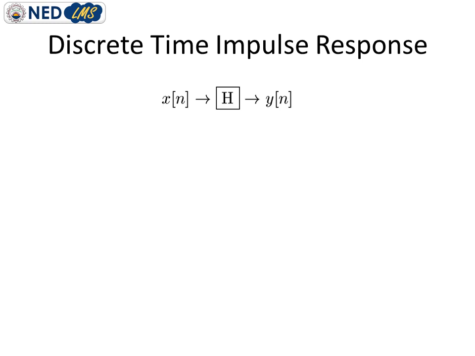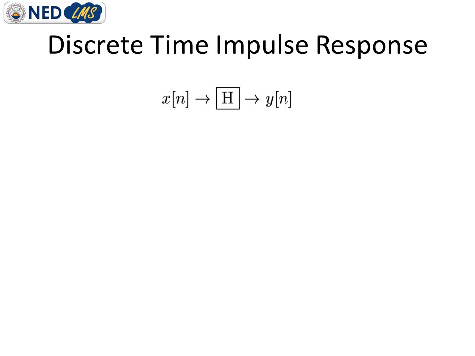When we apply this type of input to our system H, our system will produce some output corresponding to that input. We can also say that x of n is the excitation and y of n is the response, or in other words x of n is the input to the system and y of n is the output of the system.